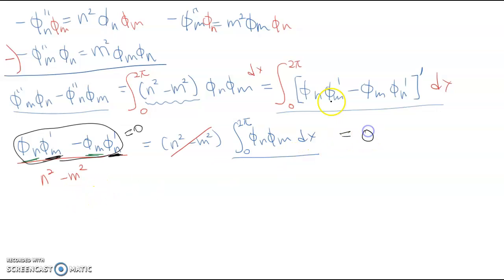So we have proved that the integral of phi n phi m between 0 and 2 pi equals 0.